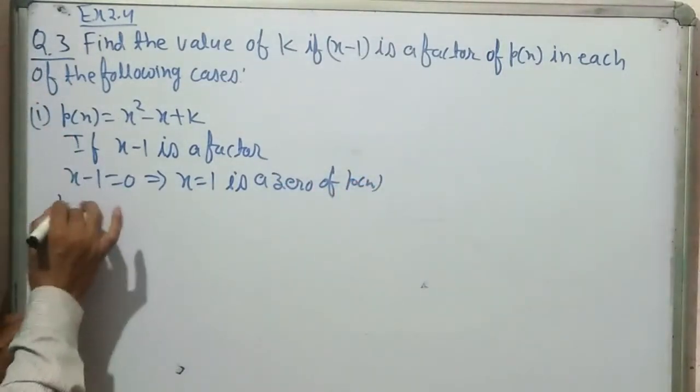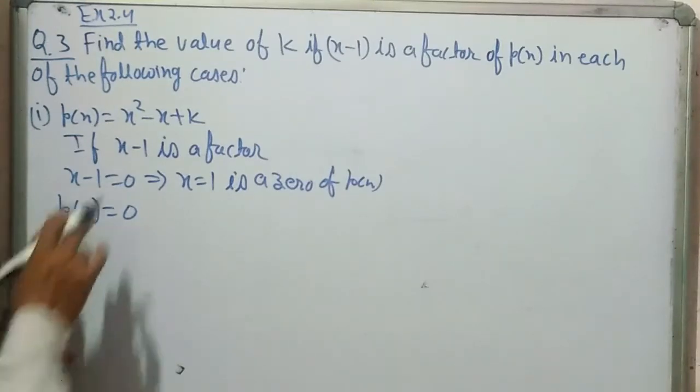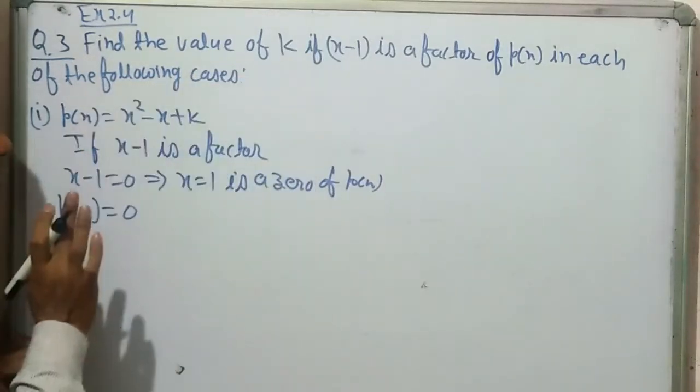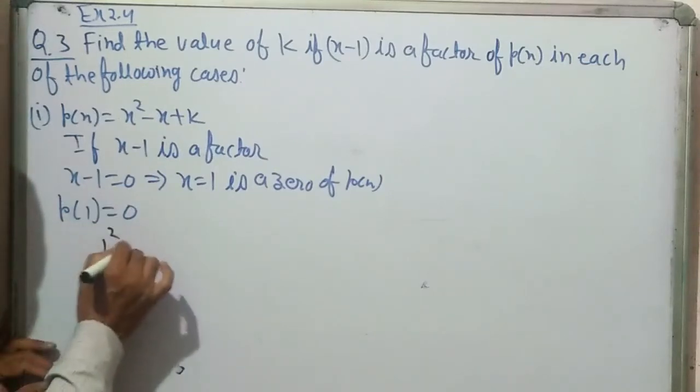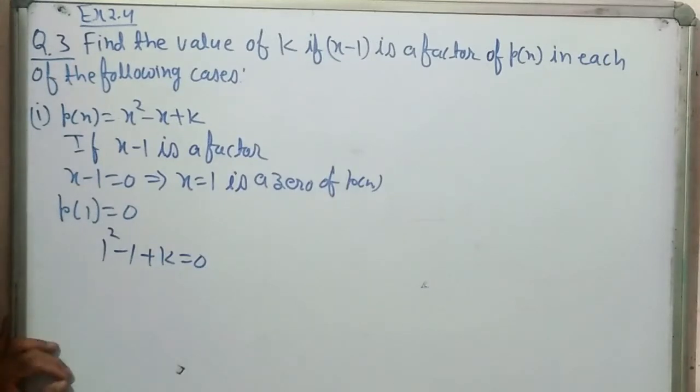That means the polynomial's value at 1 should be 0. The same method, we put 1 in place of x and equate it to 0. So what we get is 1 square minus 1 plus k should be 0.